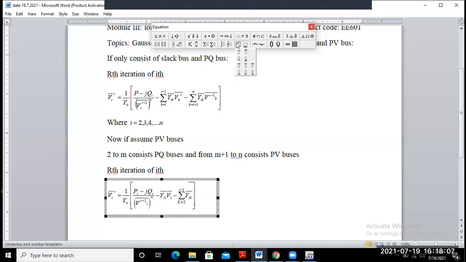And from the ith onward we take the previous iteration variables.